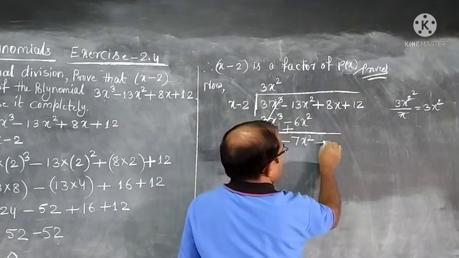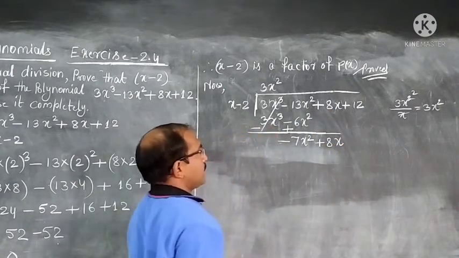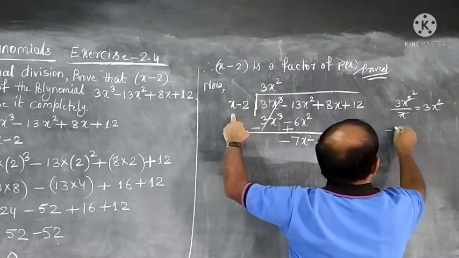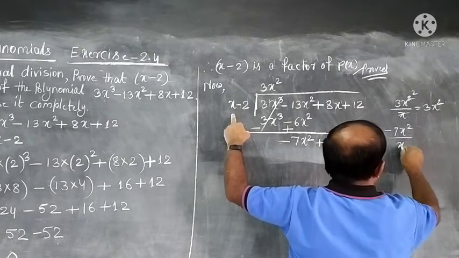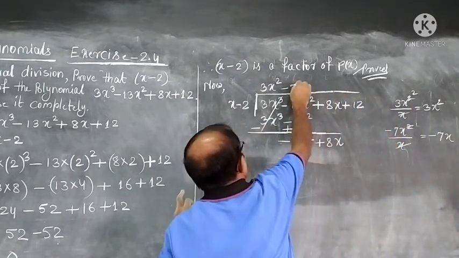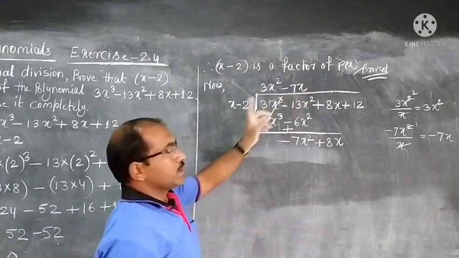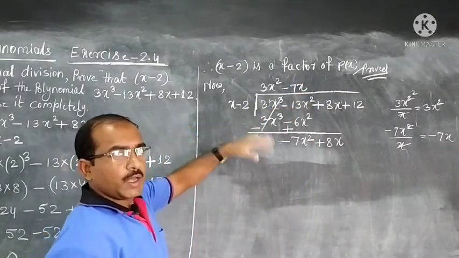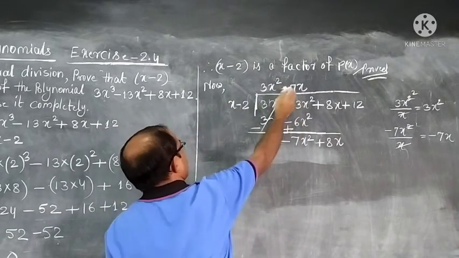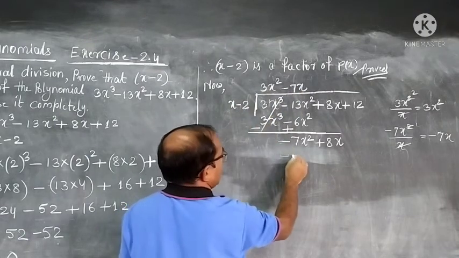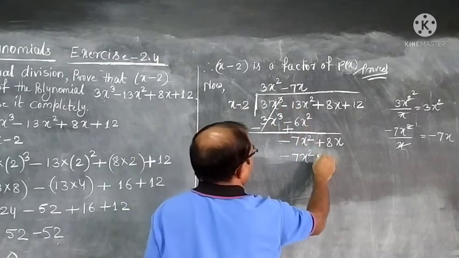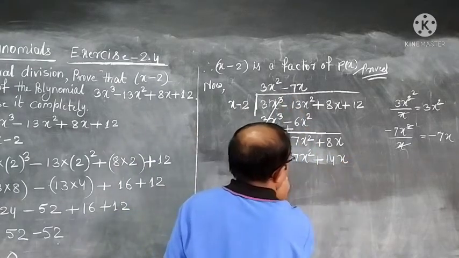Then we bring down one term at this step, 8x. Division again, the first term: we look at minus 7x square divided by x, x will be cancelled. So remaining here is minus 7x, this is the quotient. After getting the quotient, just repeat the work: we multiply and write it below. Minus 7x into x is minus 7x square, minus 2 into minus 7x is plus 14x.